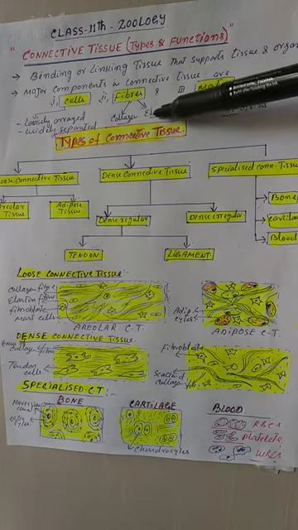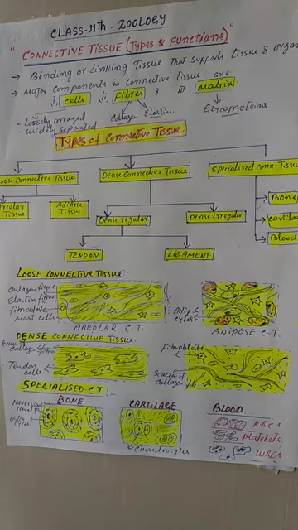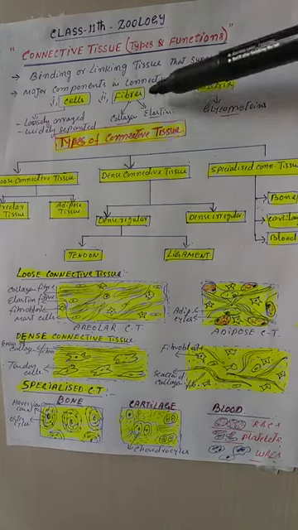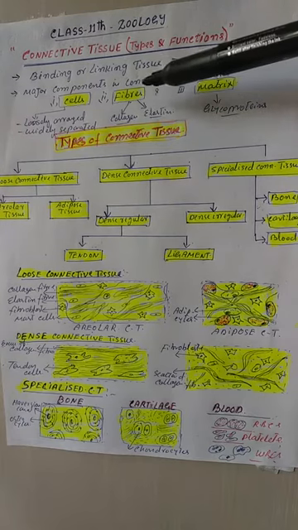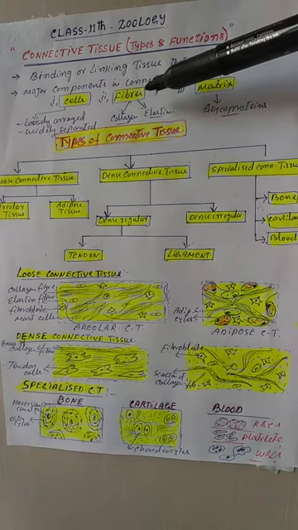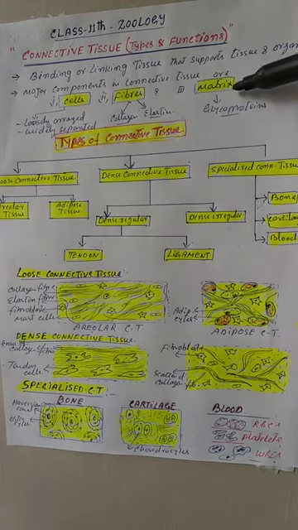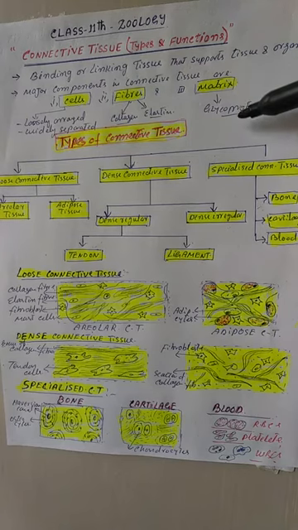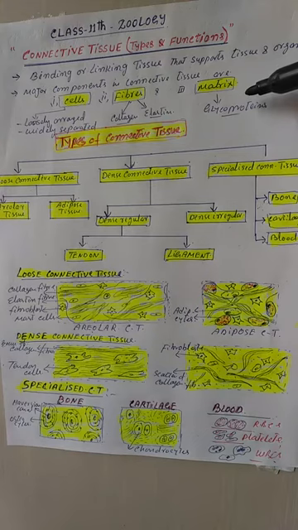The collagen and elastin fibers provide tensile strength, elasticity, and flexibility to this tissue. And the matrix is composed of glycoproteins secreted by the tissue cells.